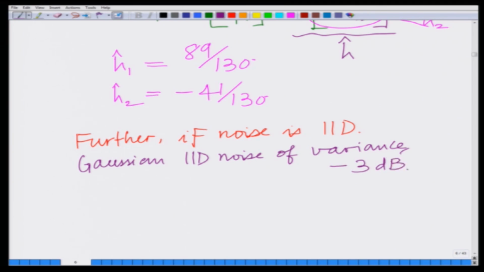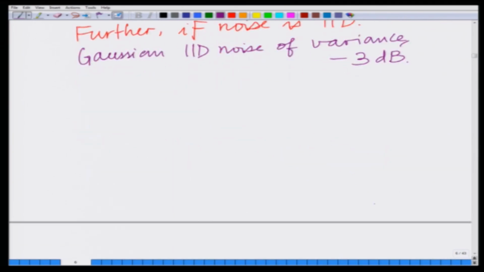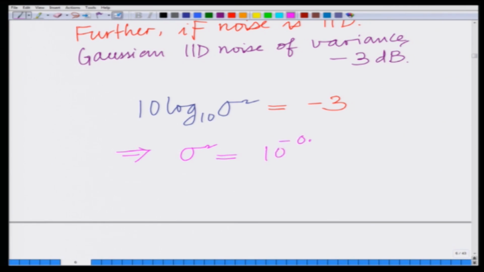So, we are considering independent identically distributed Gaussian noise samples. The variance is minus 3 dB, which implies 10 log 10 sigma square equals minus 3, which implies sigma square equals 10 to the power of minus 0.3, which is approximately equal to half. So, minus 3 dB noise variance implies that sigma square is approximately half.